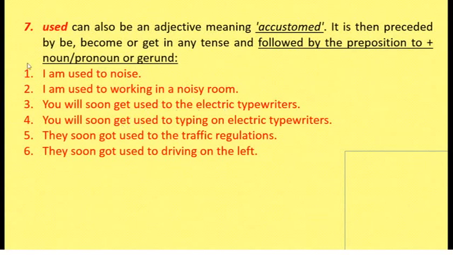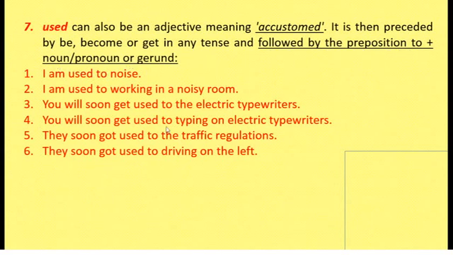In the previous slide, we have found that the word used has been used as a modal auxiliary. But here, this word is not used as a modal auxiliary. Rather, this means accustomed and this works as an adjective. And the structure will be preposition to plus noun, pronoun, or gerund.